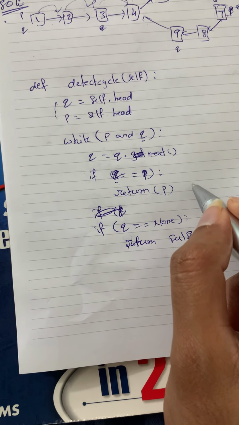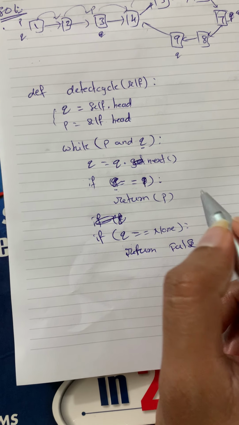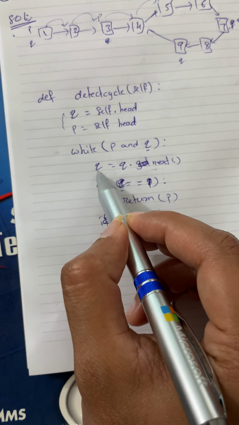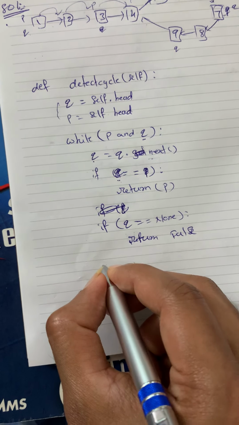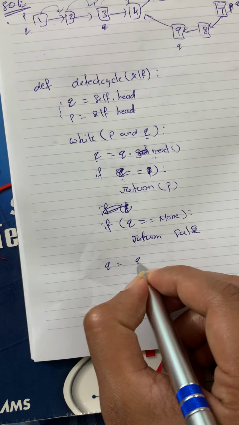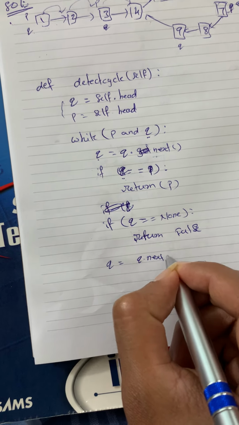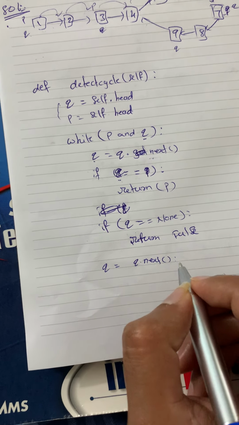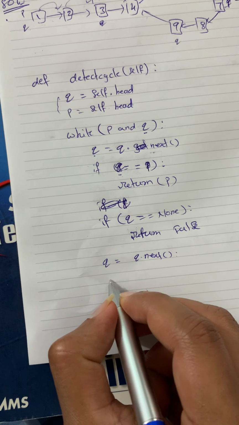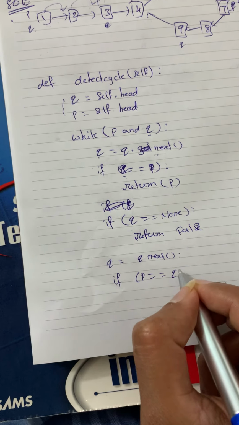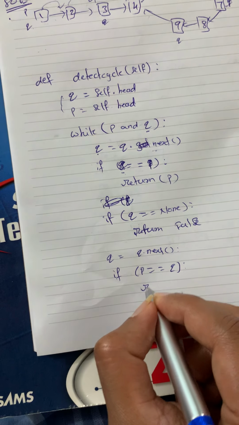But if these two are not matching, then we have only moved one pointer here, the q, so we make another move here: q equal to q dot next. Now again we check the condition. If p equal to q, we return p.